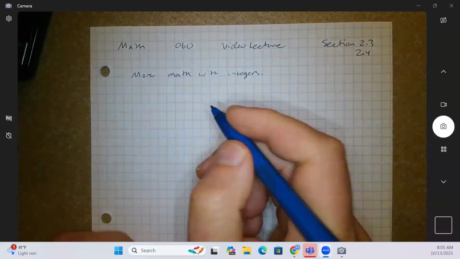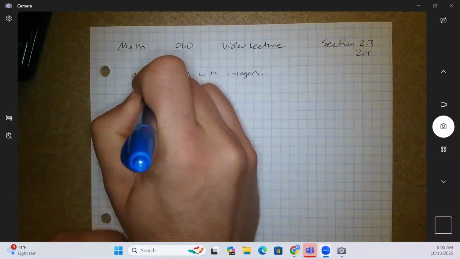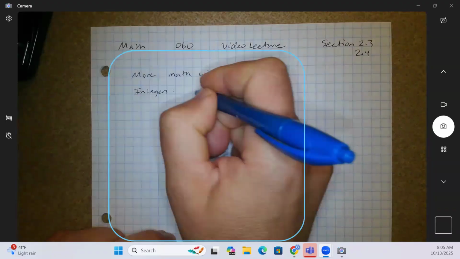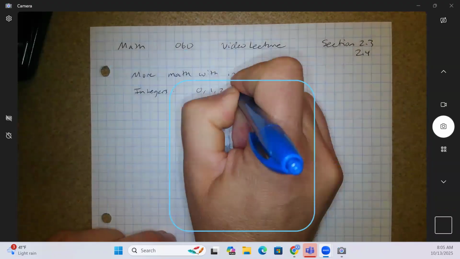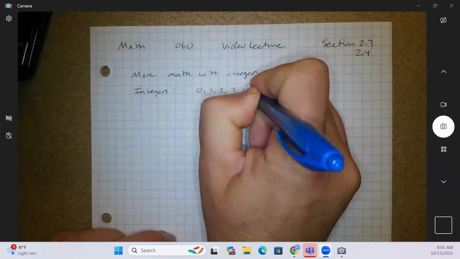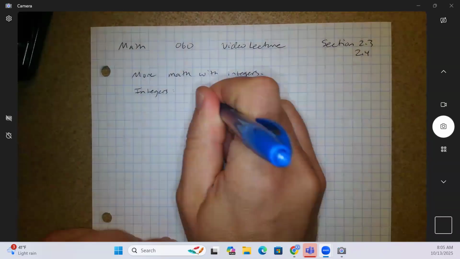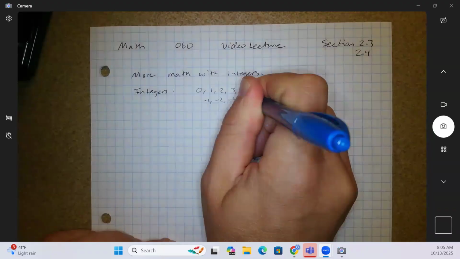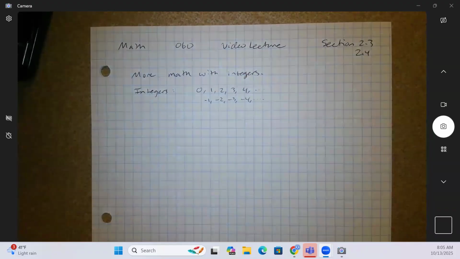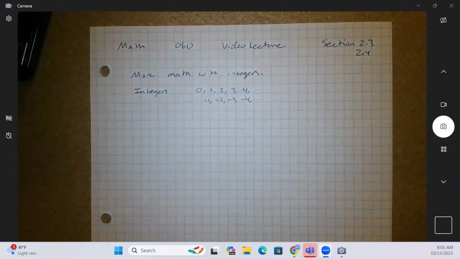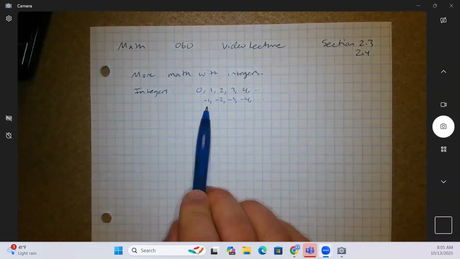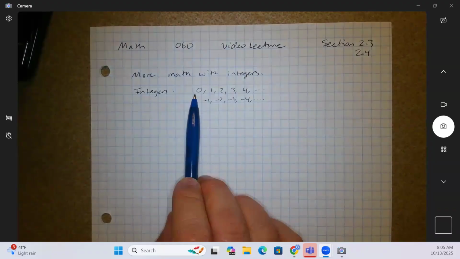And as a reminder, our integers are all the whole numbers, 0, 1, 2, 3, 4, etc. And also all the negatives, -1, -2, -3, -4, etc. Zero doesn't have a negative because 0 is just 0.